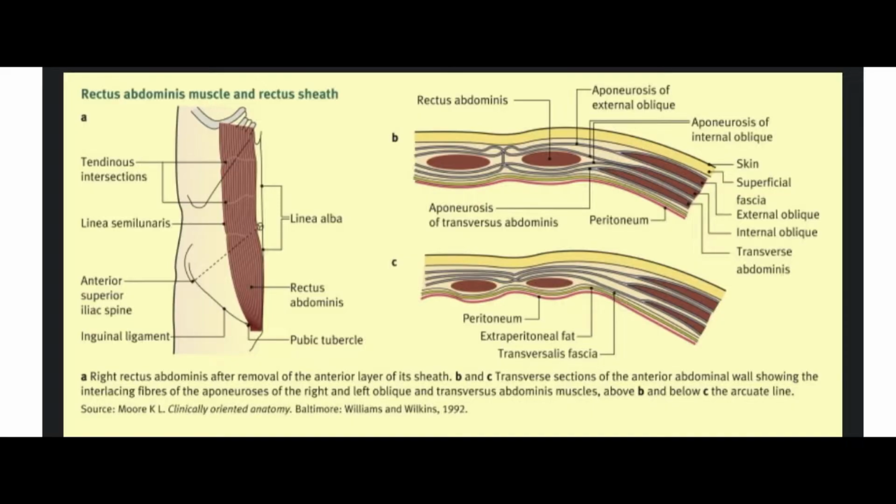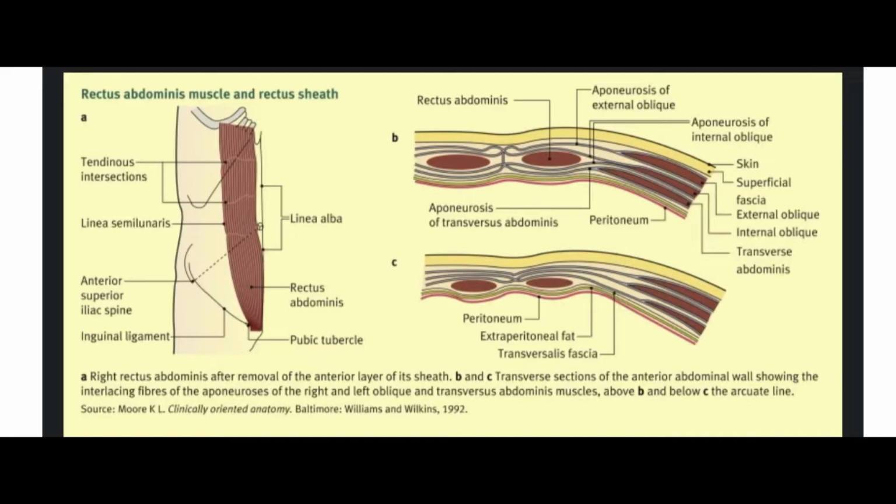Now, whenever an incision is made along or parallel to the lines, it tends to heal faster without much scarring. But whenever an incision is made across the lines, it tends to result in wide, ugly, heaped up scars. More so, the skin covering the anterior abdominal wall is relatively mobile over the underlying layers, except at the umbilical region where it is fixed.